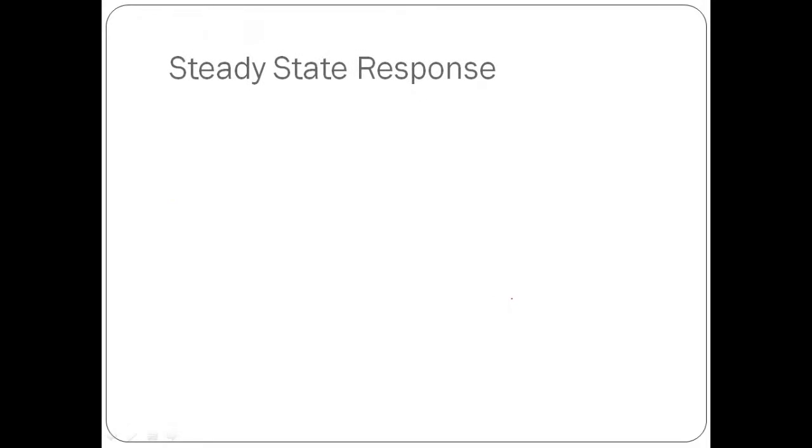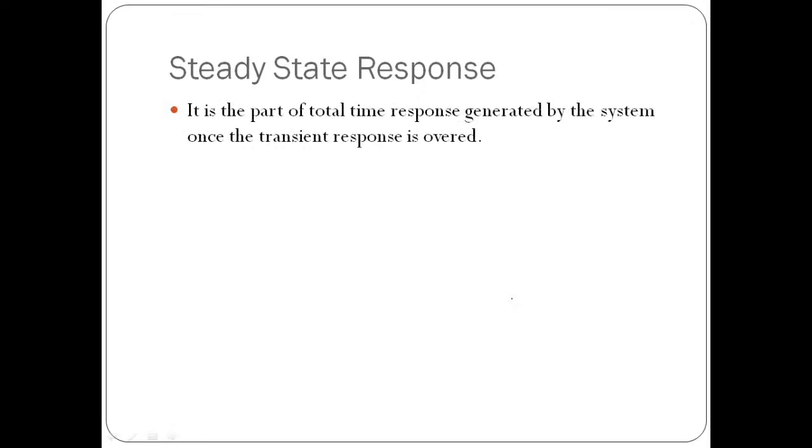Now let us try to discuss what exactly is the meaning of steady state response. It is nothing but a part of total time response, C of t, generated by the system once the transient response is over.